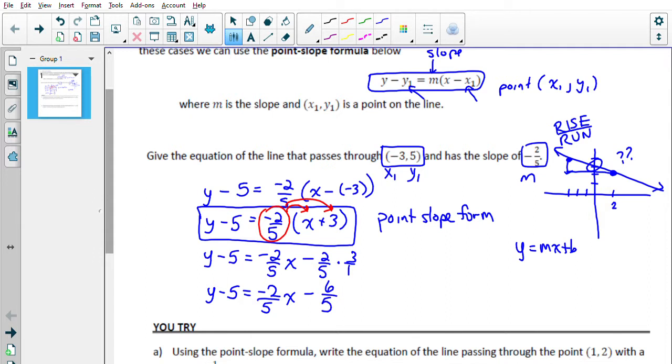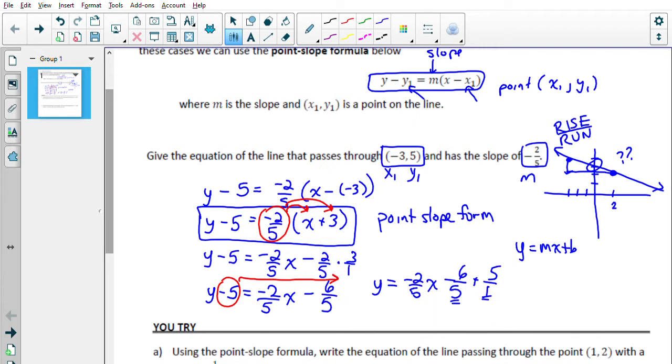Now your last step is you're going to take this -5 to the other side and add it. I'm running out of a bit of room, so I'll do it here. So I'll get y equals -2/5 x. I have the -6/5 there already, and then I'm going to add 5. Well, that's a 5 over 1. The way you add fractions is you have to get a common denominator between the 5 and the 1.